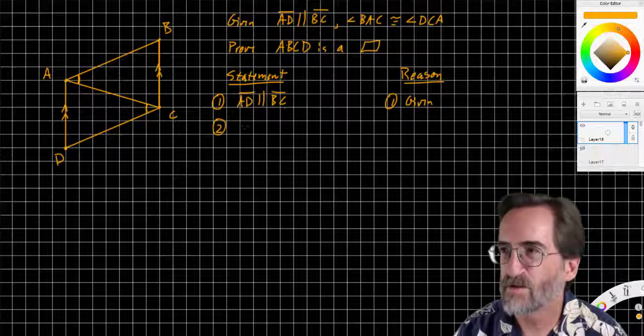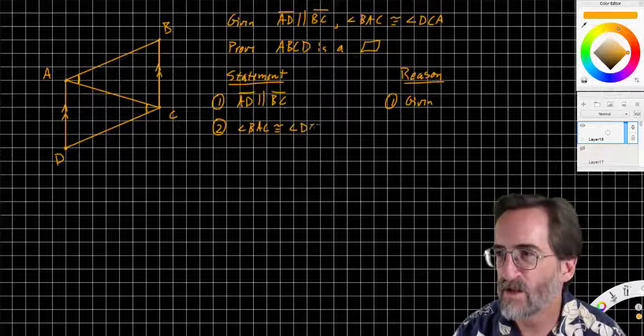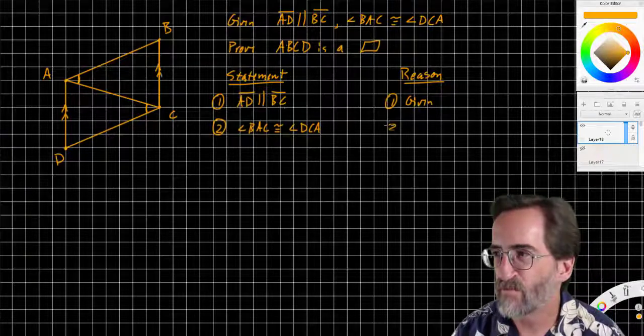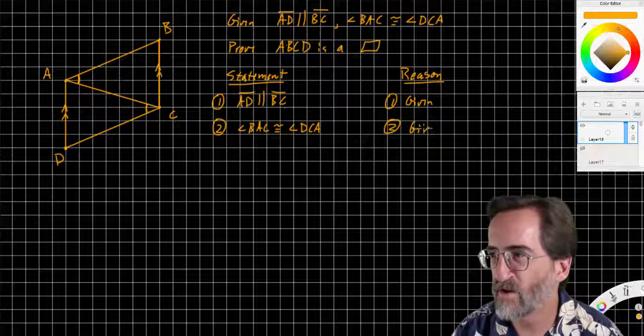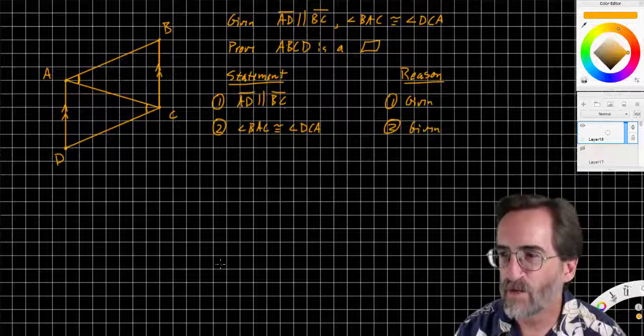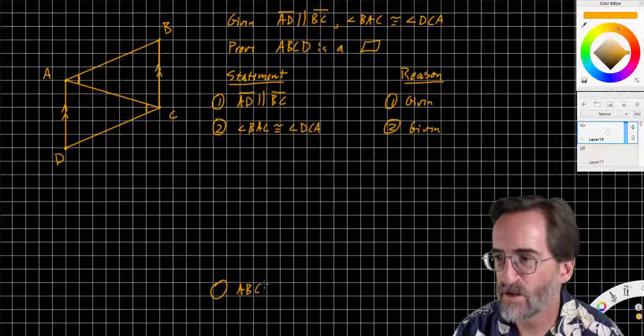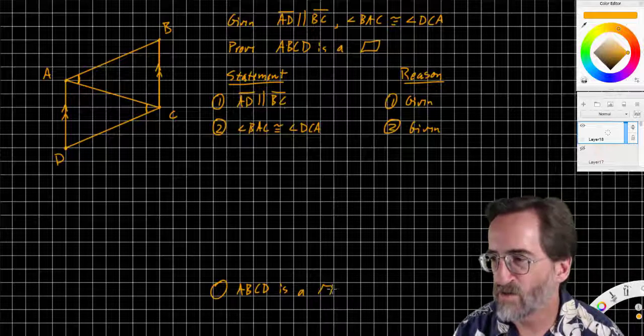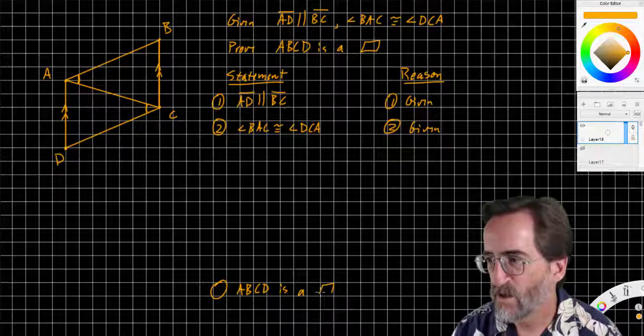Statement number 2 could say that angle BAC is congruent to angle DCA, and reason number 2 is also given. And then we want to end with ABCD is a parallelogram. And I don't know the number of the step, but we're going to use one of the 5 rules to prove that.